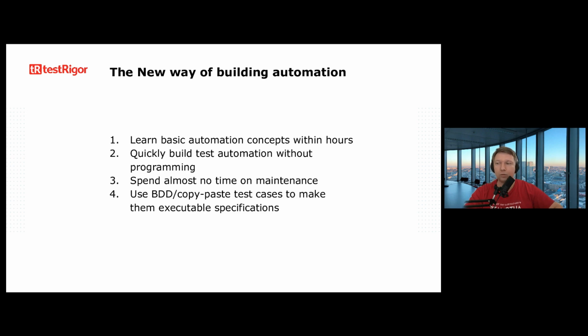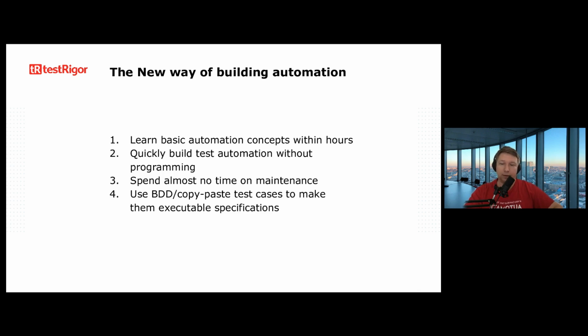You can learn basic automation concepts and best practices within about an hour. And then you can immediately start building automation, knowing that all you need to do is know those concepts, examples being repeatability, the concept of variable, generating unique data, and so on and so forth.